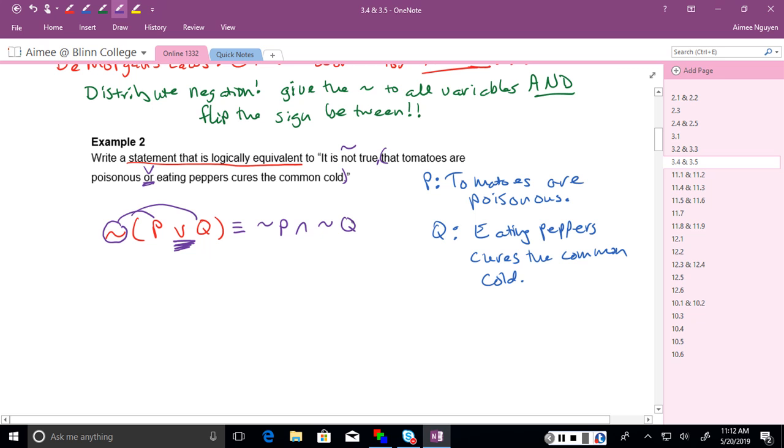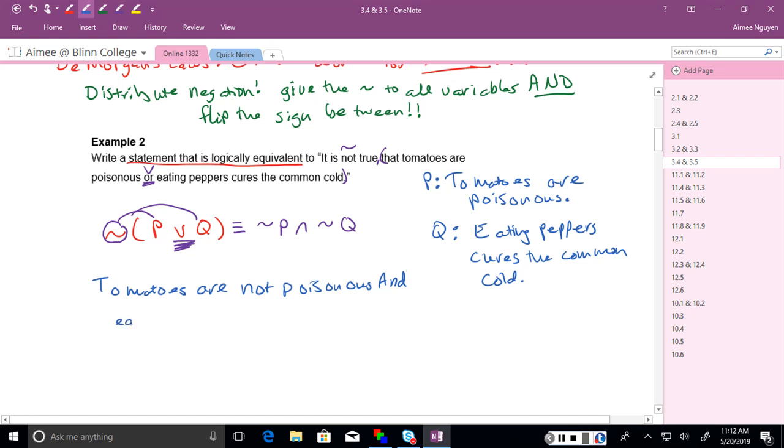So the 3 lines, remember, means equivalent to. It's a way to write it without having to use the words. Now that I know what the symbols look like, now I can go back and write the sentence. So P was tomatoes are poisonous. So not P would be tomatoes are not poisonous. This time our or changed to a conjunction. That's an and. So and. Eating peppers cures the common cold. I want the negation of that.